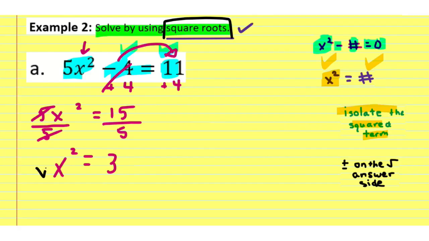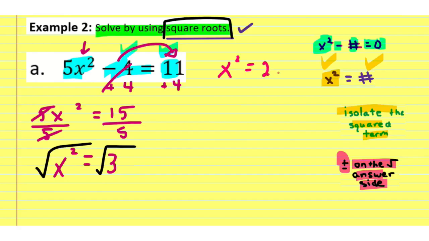That means I'm going to take the square root of both sides. However, we need to also remember that on the radical answer side, I need to add plus or minus, because x squared quadratics will typically have two answers.